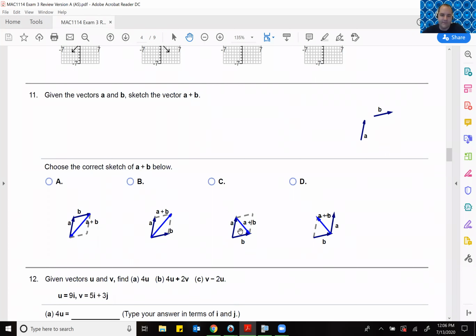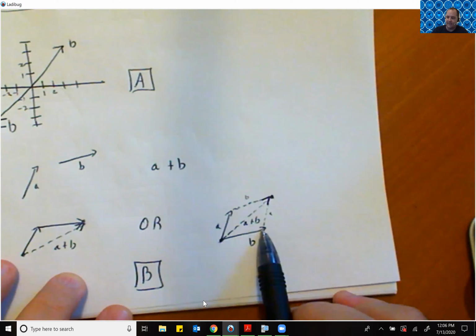Now let's look at the other ones. Obviously, this one doesn't work because it says that it's from the end of the A arrow to the end of the B arrow. So they tried to do the parallelogram here, but they connected the wrong diagonal. The diagonal is from the beginning to the end of their parallelogram, not from arrow to arrow. This is the one that they connected.